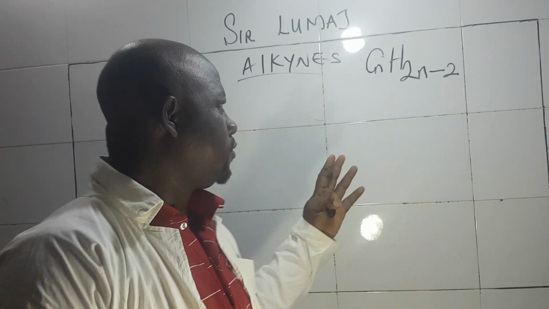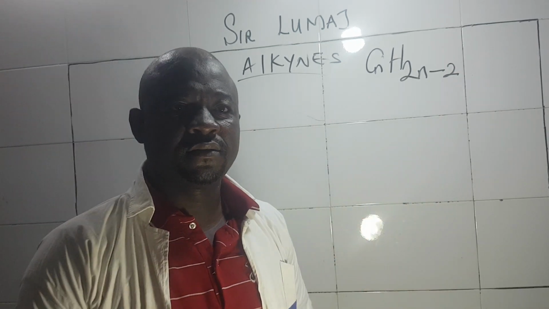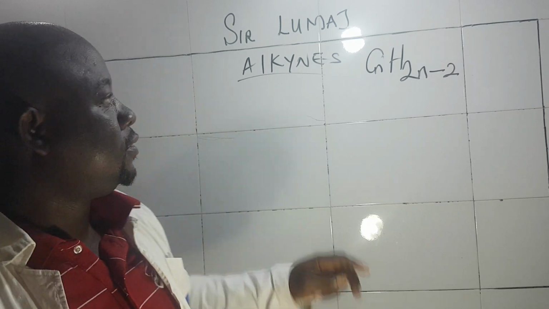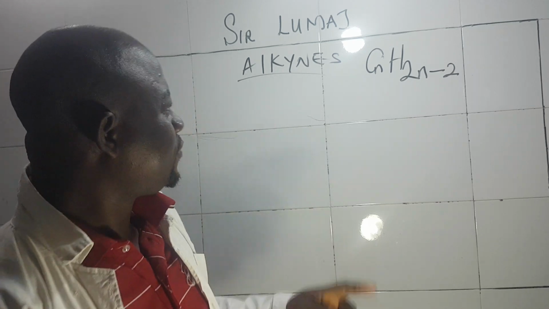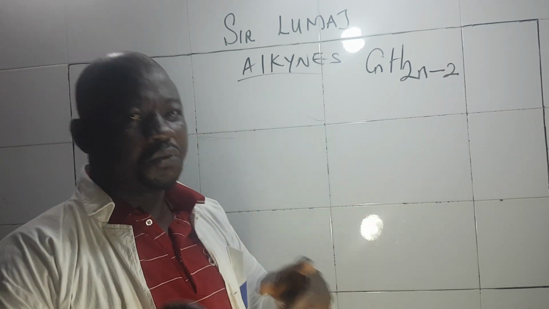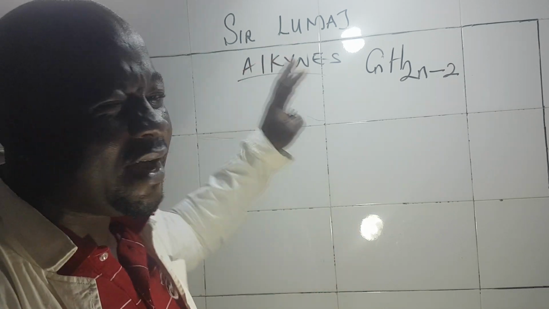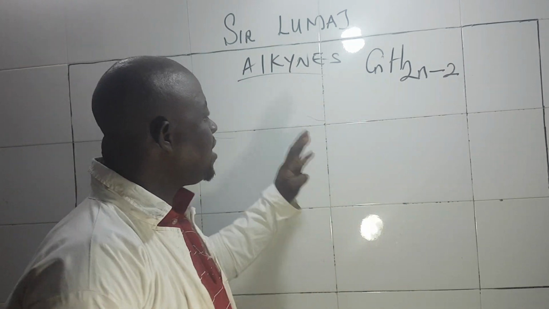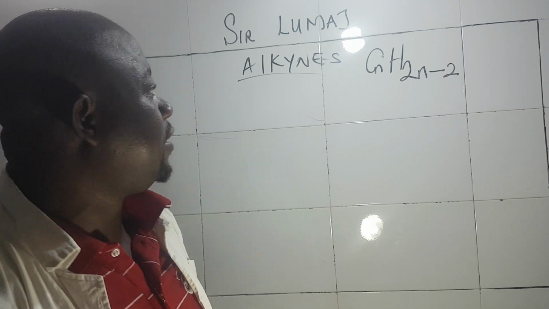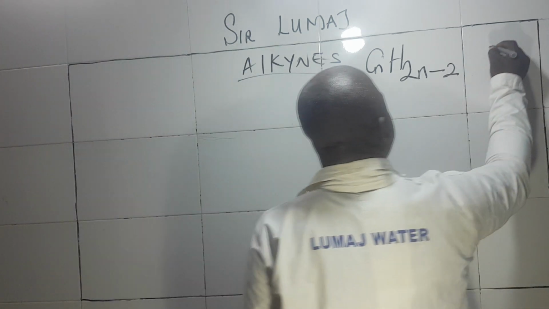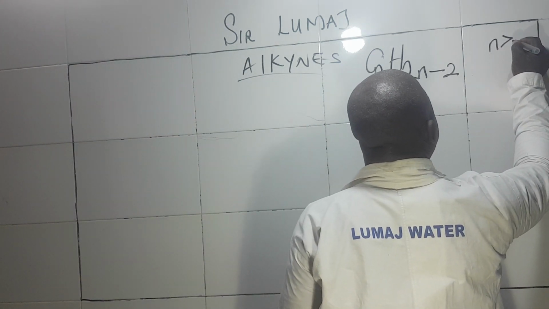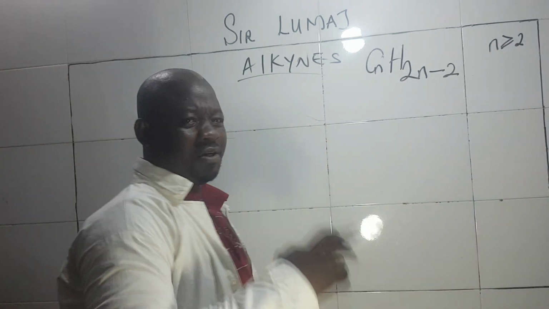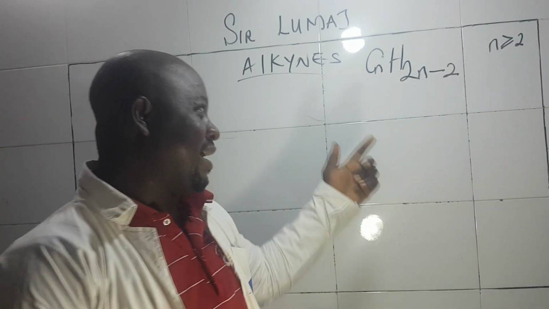Alkyl has CnH2n plus 1. Alkene has CnH2n. Now this is alkyne. So alkyne is what? CnH2n minus 2, where n is greater than or equal to 2. That's the way we did it for alkane.